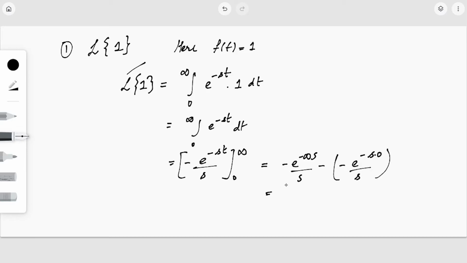So this is 0, minus into minus is plus, and e raised to 0 is 1, so we get 1 by s. So the Laplace transform of the constant function 1 is 1 by s. That's it, this is the only process. So we have to be familiar with the process of integration to determine the Laplace transform.